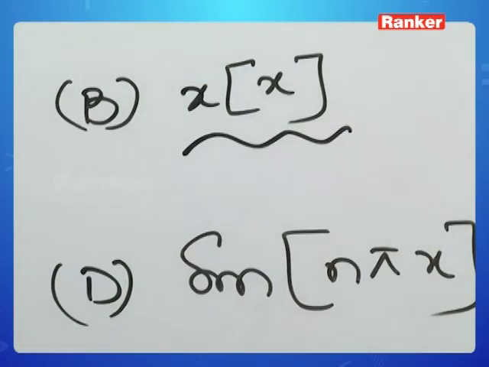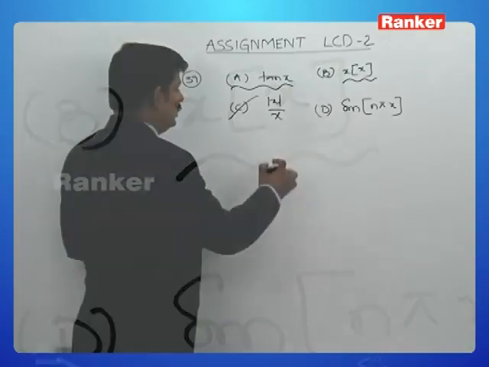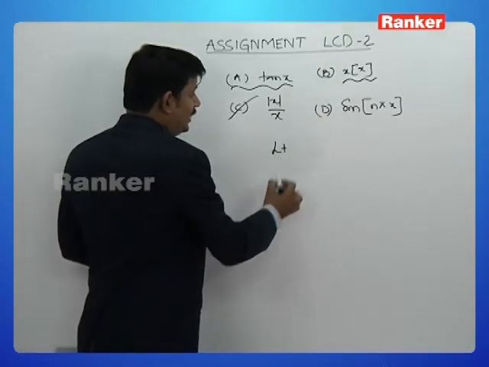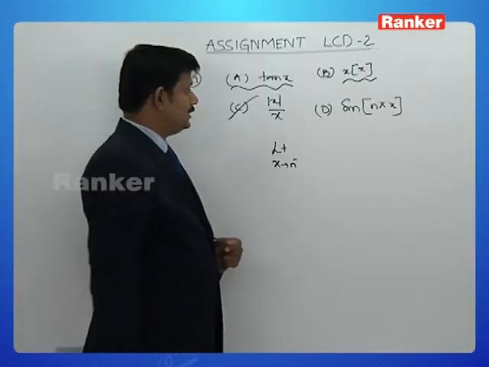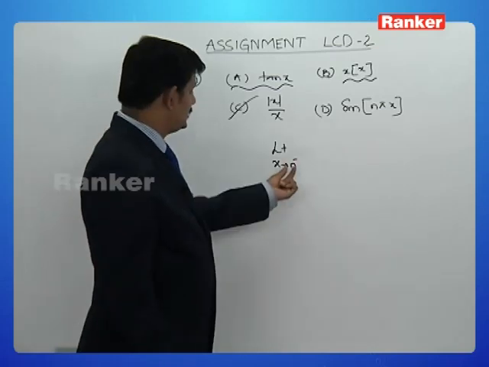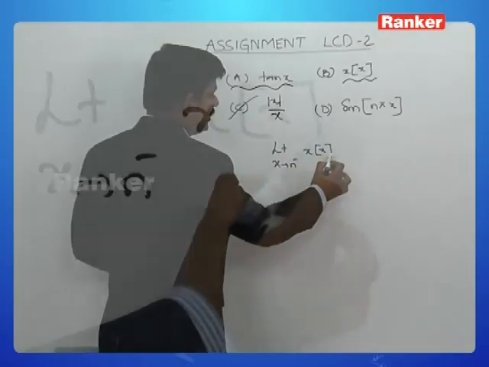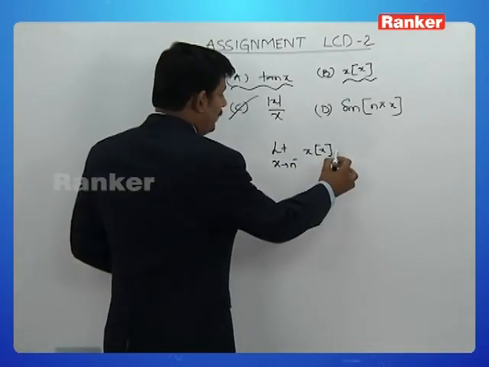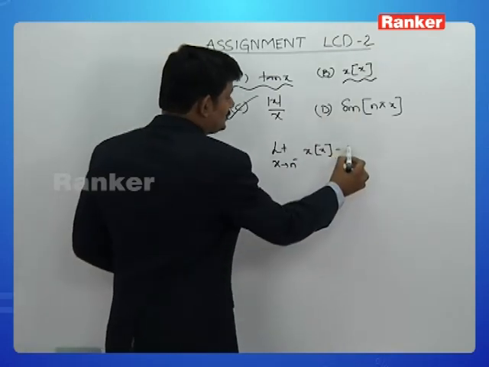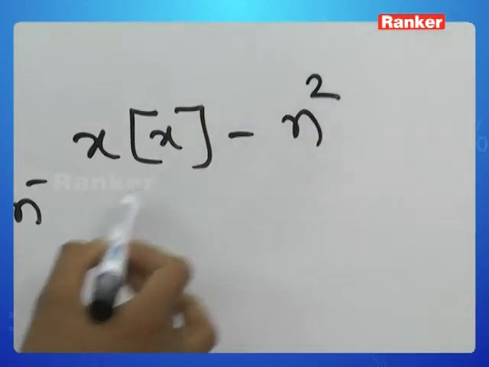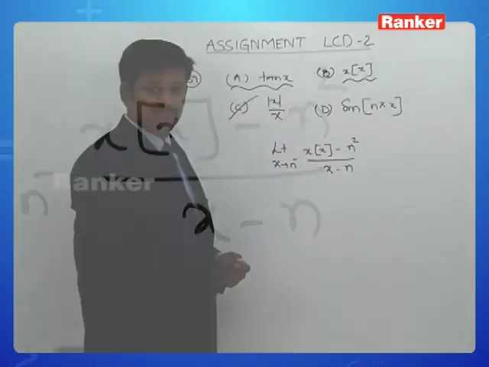differentiability of x into integral part of x is very interesting. At any integer, let us check differentiability at any integer n. Left hand derivative: limit x tending to n minus of f of x minus f of n, which is x into integral part of x minus n into integral part of n, that is n square, divided by x minus n.